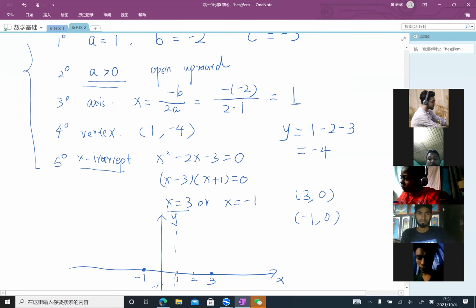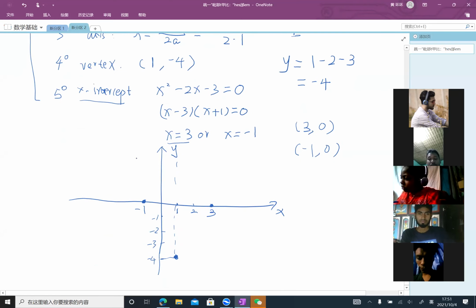This parabola opens upward, so the parabola will be like this. This is the first graph for the parabola.